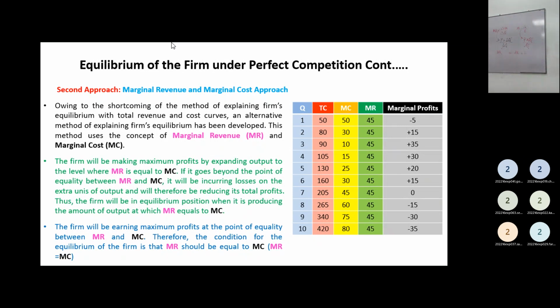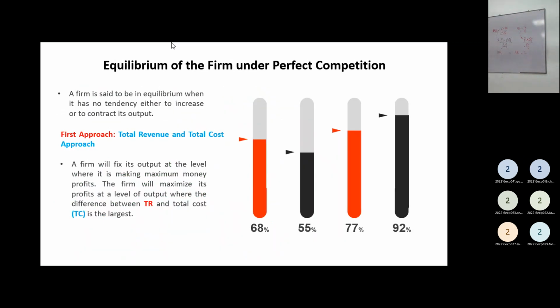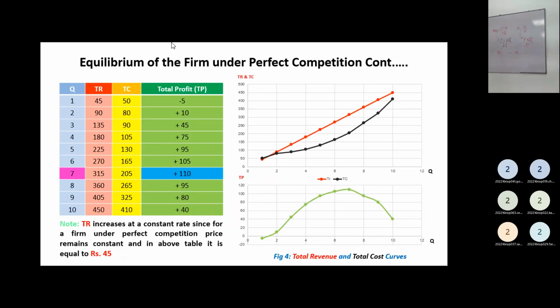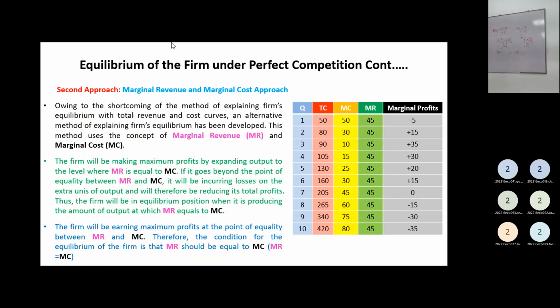Clear? Marginal profits. Now, as a rational producer, by looking at these particular profit figures, what is the output level that you choose to do your production? Which output level? Earlier it was 7. That is because that is simply the profits. But here, what could be your output level?